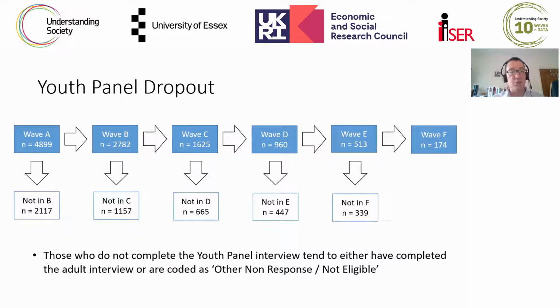But there still remains a big chunk of people who are recorded as having other non-response or not eligible. So you'll see very rapidly that the numbers highlighted in the blue boxes at the top, if we're going to study them using the same variables over time, that sample size gets whittled away very quickly indeed.